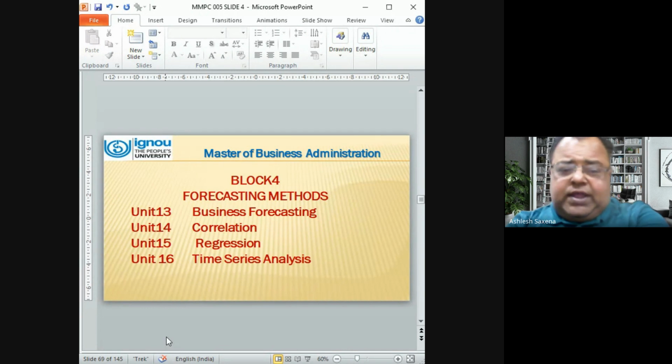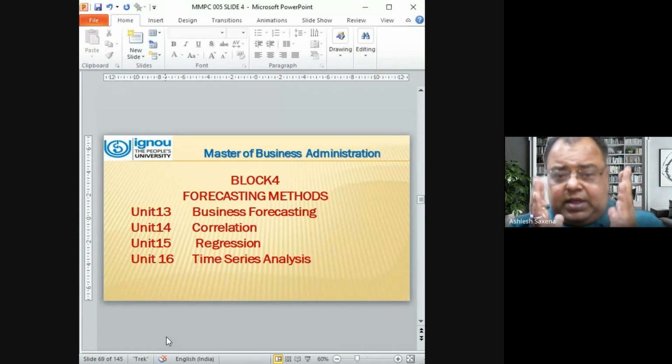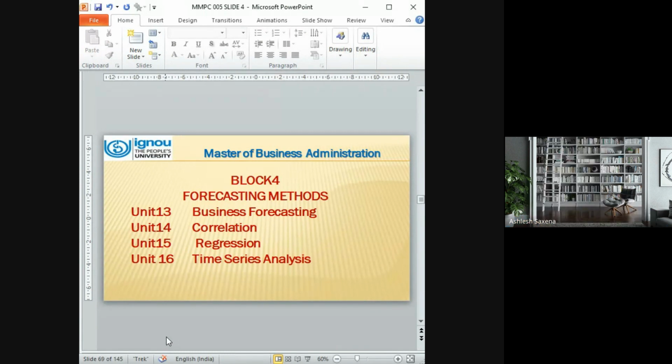Now, in Units 14 and 15, you will be having a numerical component. I request everyone today to have your copy, your notebook, and your pen ready with you because in the maximum part of today's session, we will be talking about the numerical component.